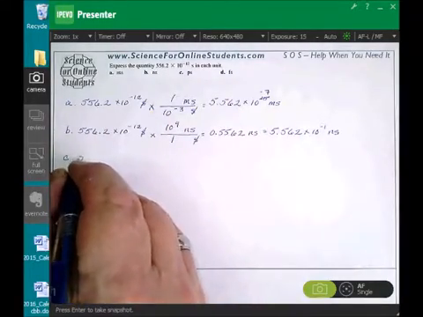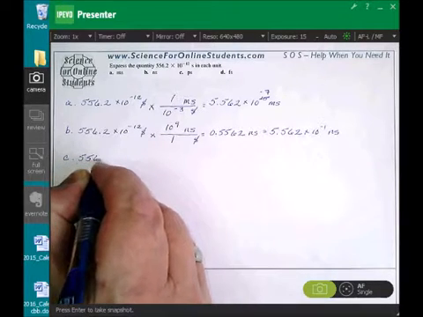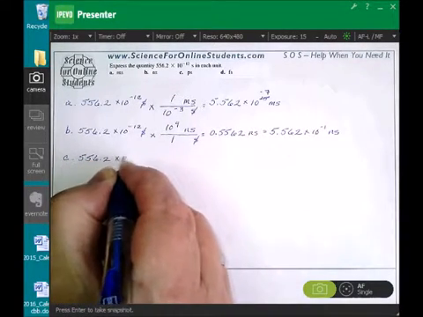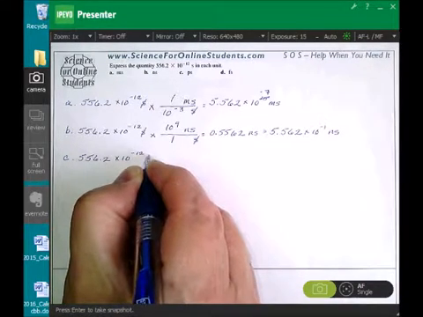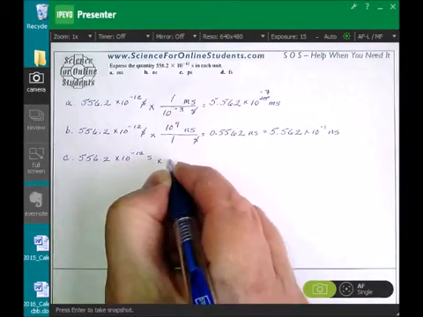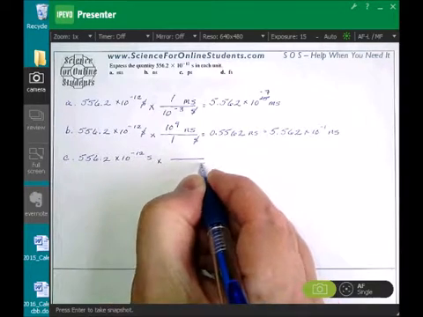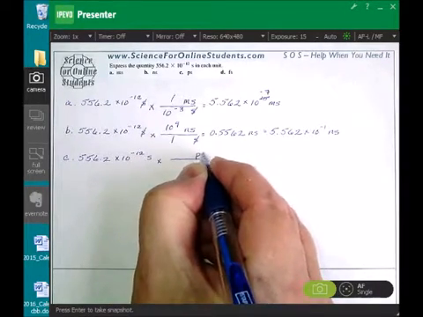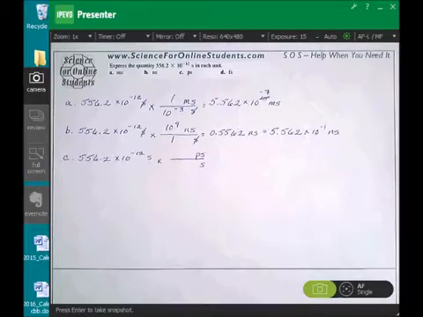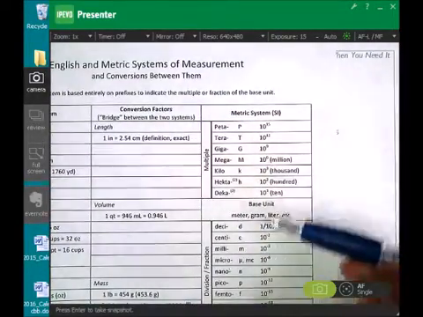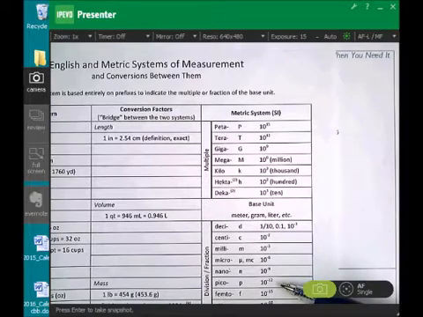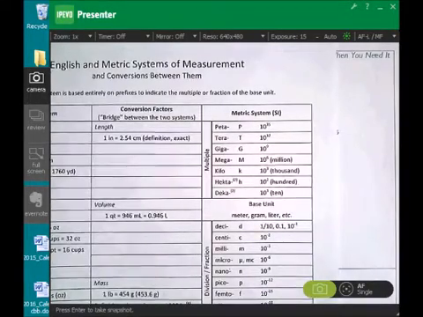Now, C. Picoseconds. 556.2 times 10 to the negative 12 seconds. Seconds and picoseconds. Now, a bit of a reminder. Picoseconds, 10 to the minus 12.